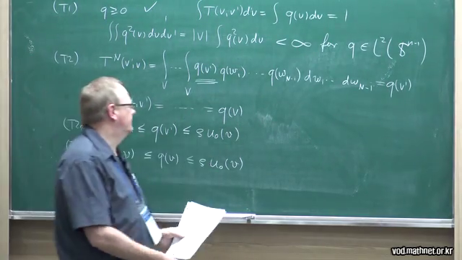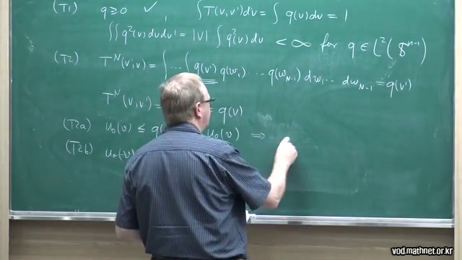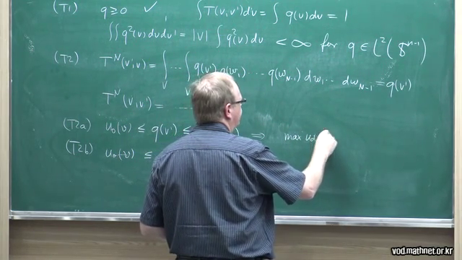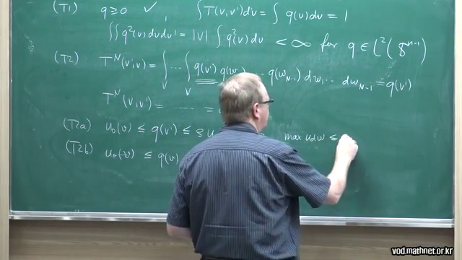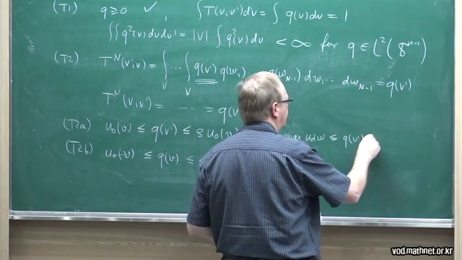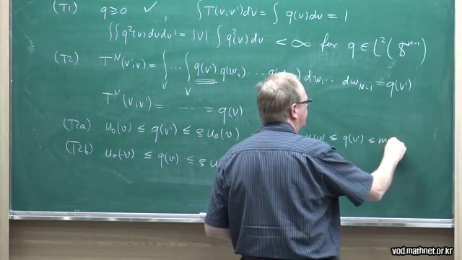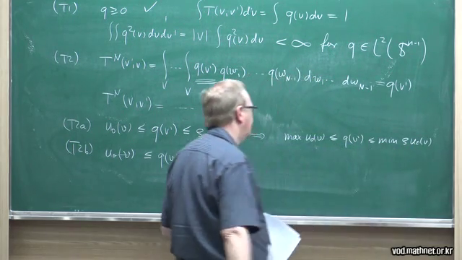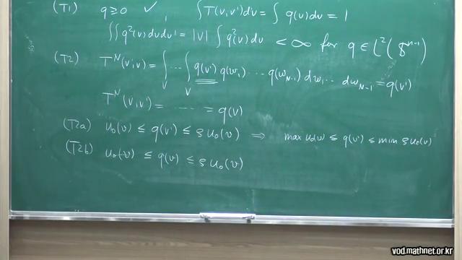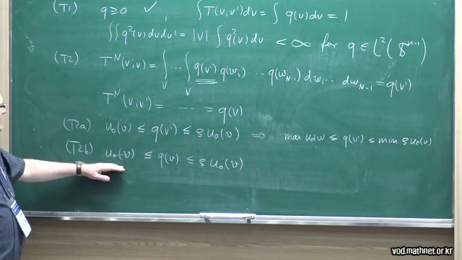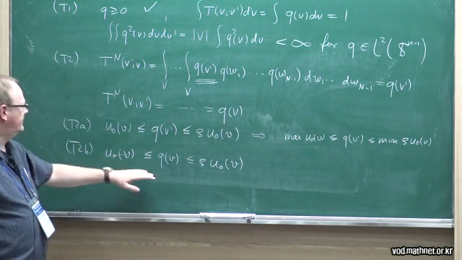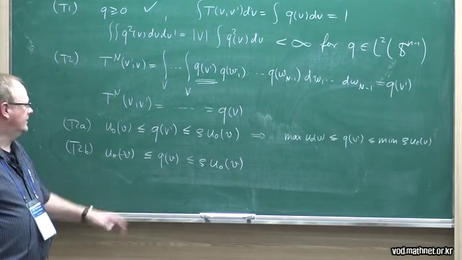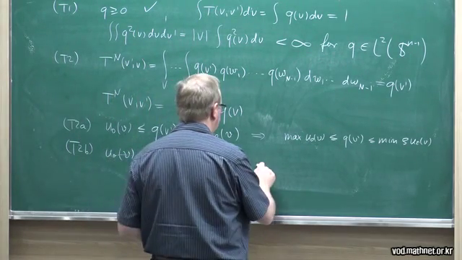So this implies that the max of u0(v) is less than q(v'), which is less than the minimum of rho times u0(v). That seems to be very restrictive. The second condition means that Q is U0 positive in the sense of Krasnoselskii. So this seems to be weaker.